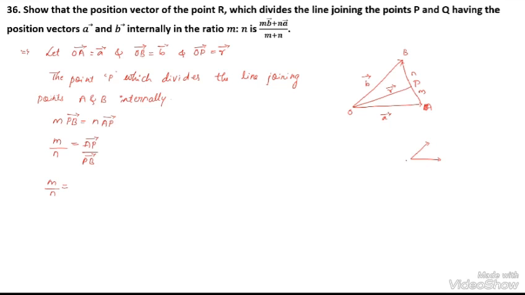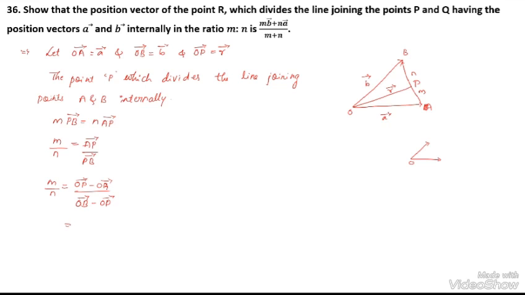By the vector property, the vector AP can be written as OP minus OA, and n can be written as OP minus OB. What is OB minus OP?